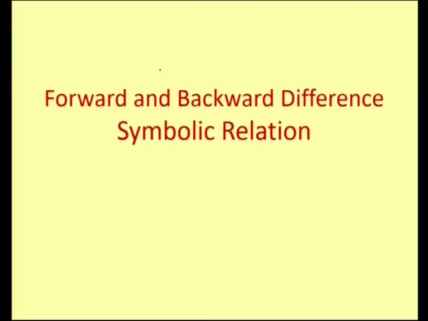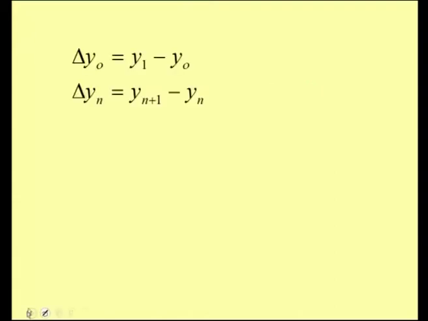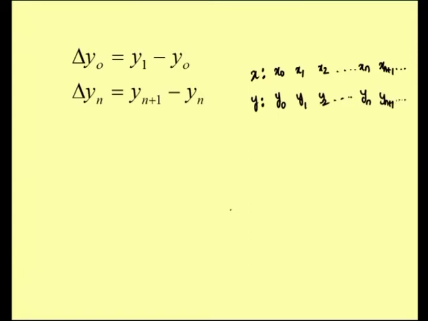The forward and backward differences symbolic relation: let the given data be, x values will be x naught, x1, x2, etc. up to xn, xn plus 1, etc. Okay, and y values will be represented as y naught, y1, y2, etc., yn, yn plus 1, etc. Okay.